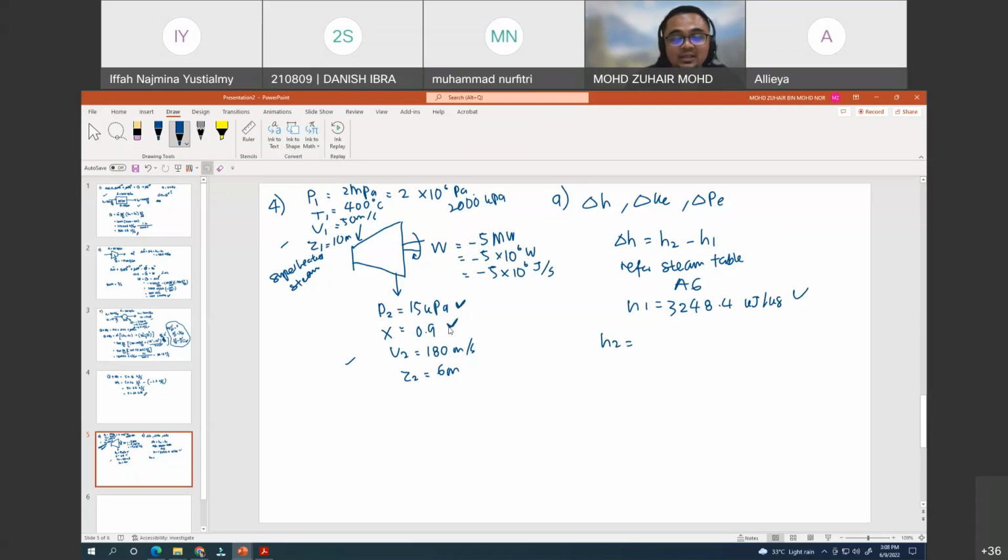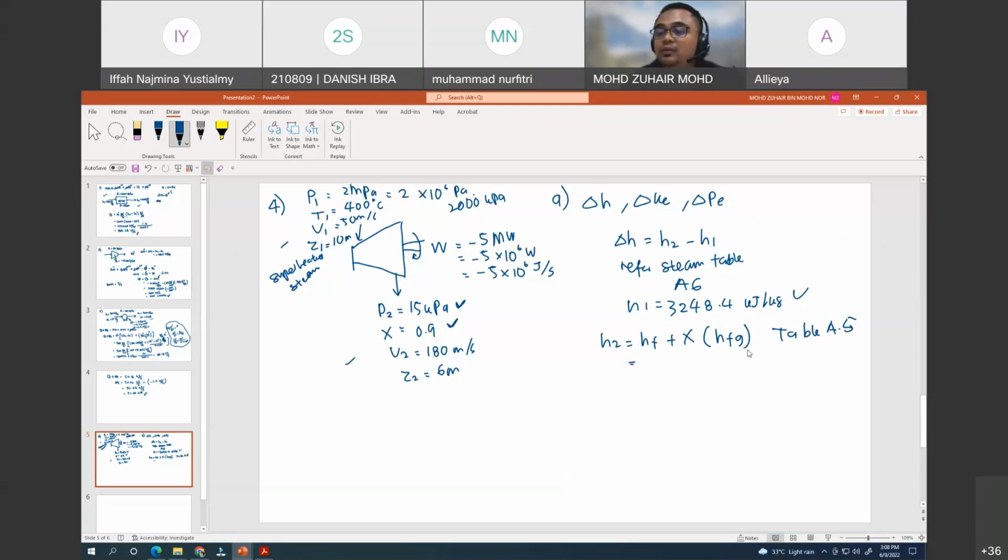So ini macam yang saya ajar tadi, berkenaan cara untuk dapatkan the enthalpy or the specific volume or the specific internal energy whenever we have the fraction here. So H2 will be HF plus X HFG. So this is referring to table A5, sebab dia pressure. Betul tak?